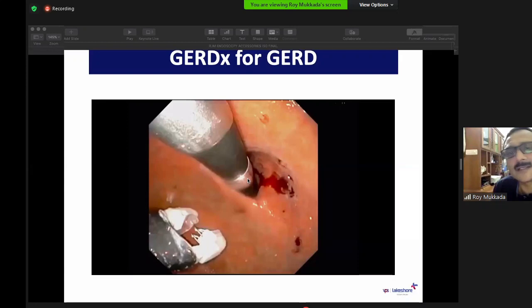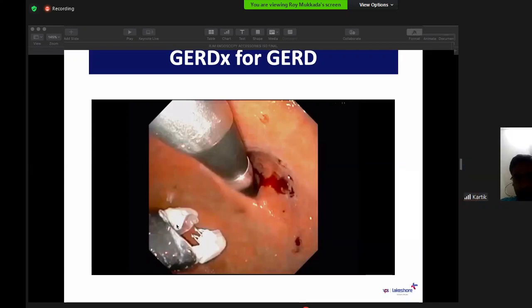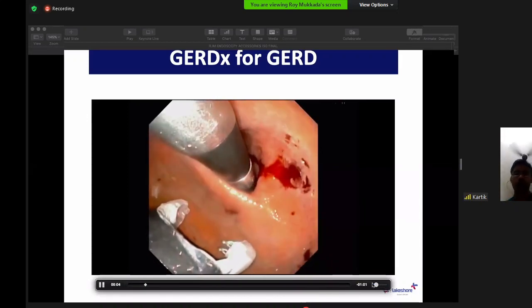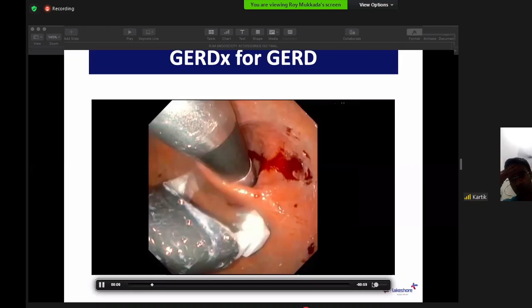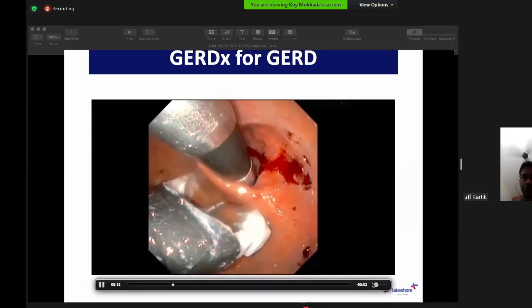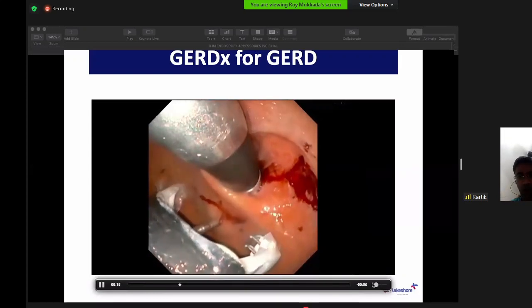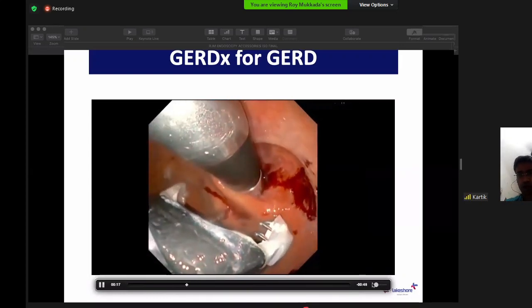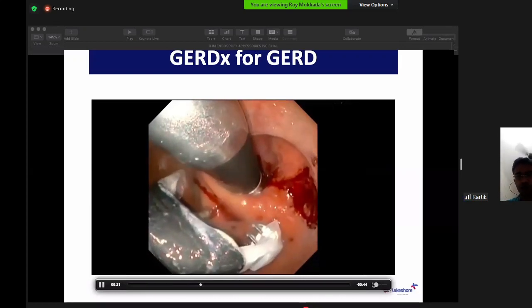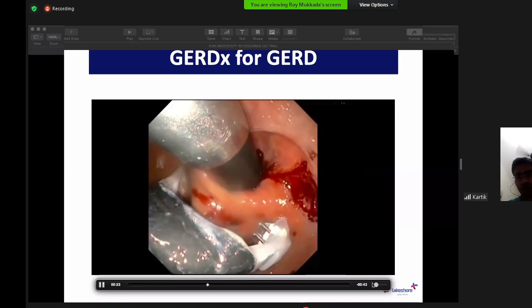Now what is this procedure? Sir, this is the Gerdex procedure, sir. Here, along with the endoscope, we have an additional instrument which is fixed to the endoscope, which will take a plication of the mucosa from one end to the other, as we can see over here, sir.